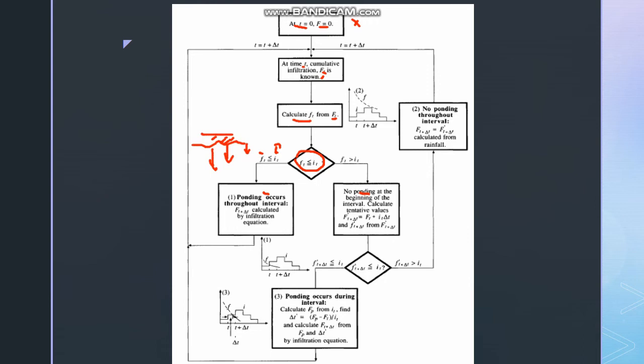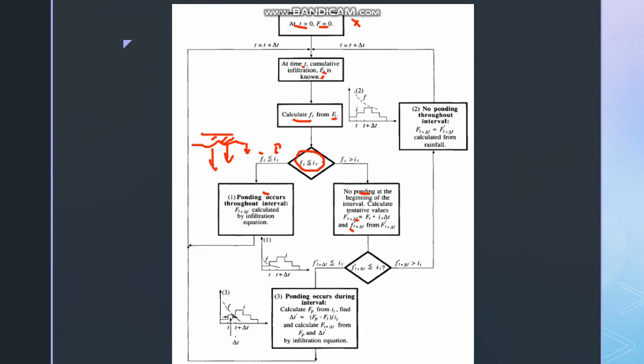Then we jump to another step, where we add delta t to the time. With the time interval added, we calculate the cumulative infiltration, and after that the infiltration rate.